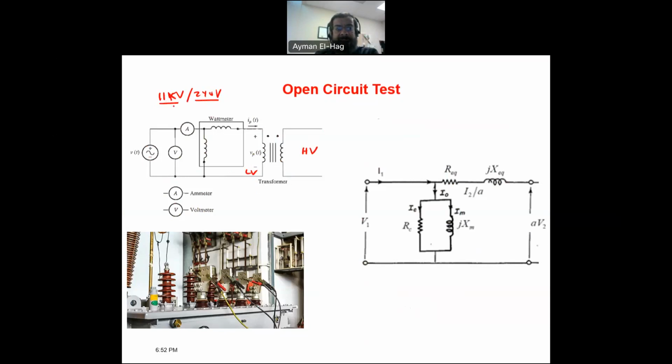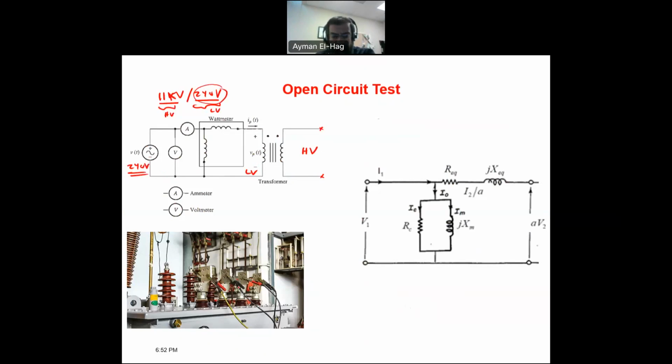This is the high voltage side and this is the low voltage side. So I will come to the high voltage side and open circuit it, and then I will apply the rated voltage to the low voltage side. So I will be applying 240 volt from here.